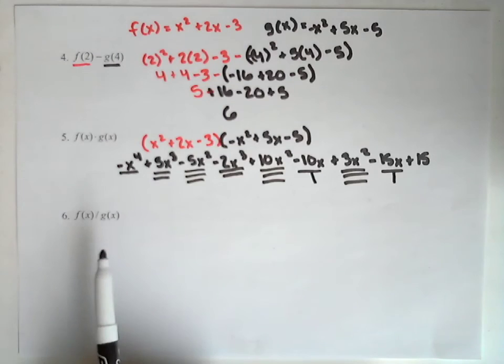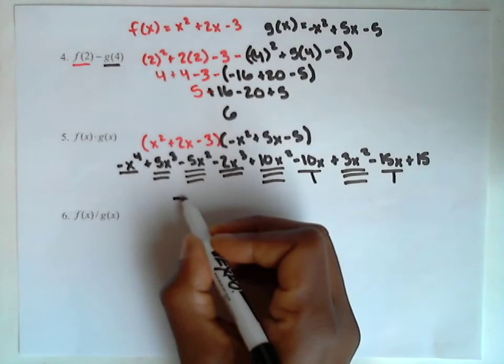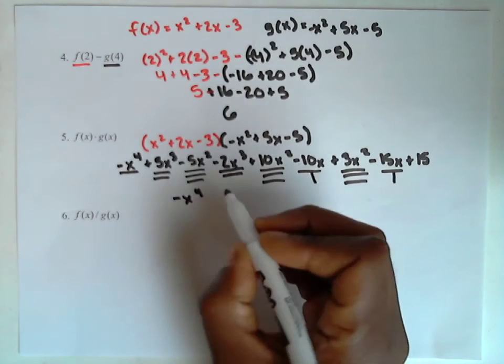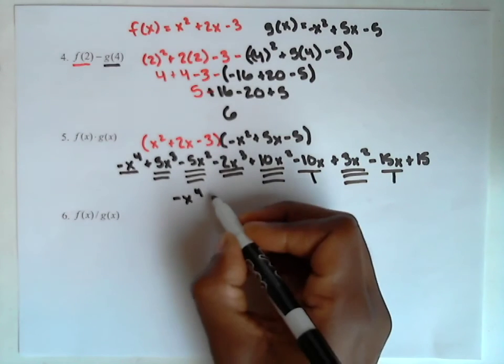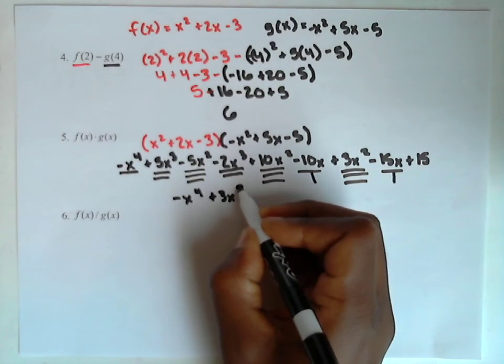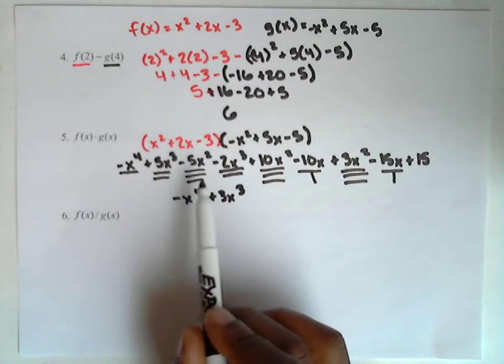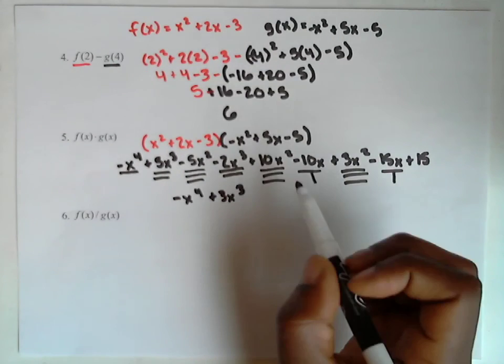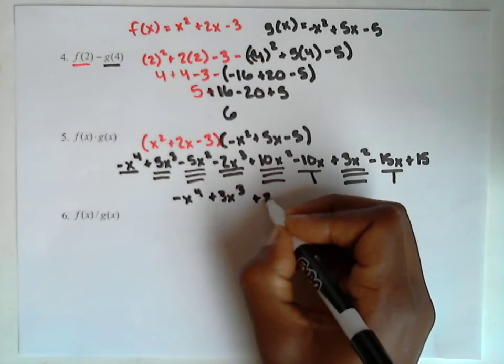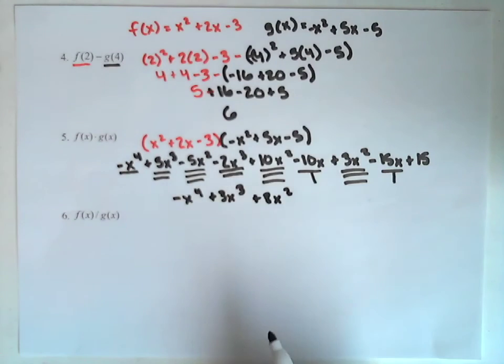So when I go ahead and add all those up, again I have my negative x to the 4th. I'm going to have a plus 3x to the 3rd. And again, that comes from combining my plus 5x to the 3rd minus my 2x to the 3rd. I'm going to have a plus 8x squared.